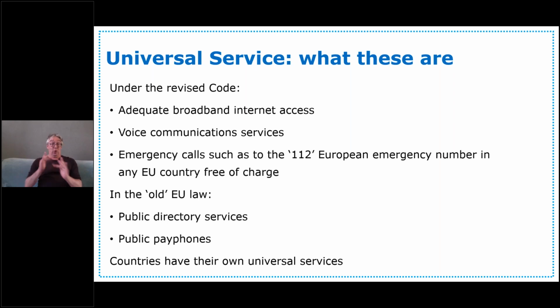The code includes an annex in which there are different online services that a consumer should be able to use with this adequate broadband access, such as checking websites for e-government services, search engines like Google, video and audio calls with a standard quality, and so forth. So this is one of the universal services, and the other one is voice communications.